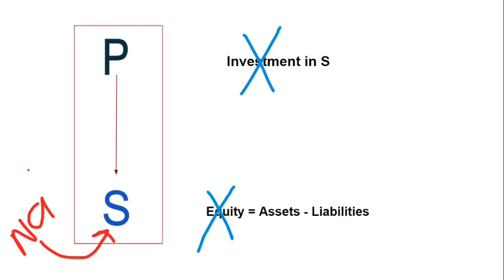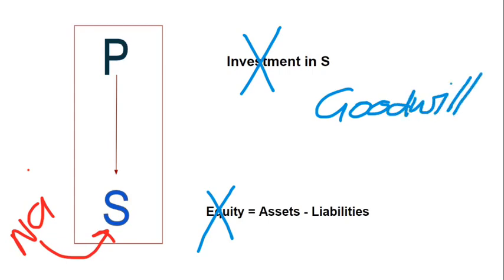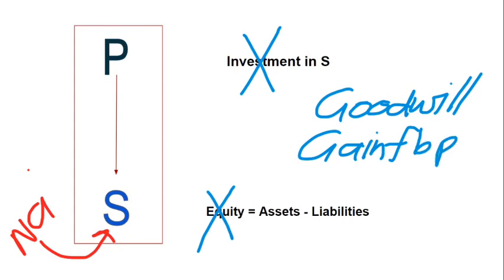You also have to measure goodwill, or if it's not goodwill, your gain from bargain purchase. That is also items that's not recognized in the separate financial statements of P and S, but it's recognized into the group through the at-acquisition journal entry.